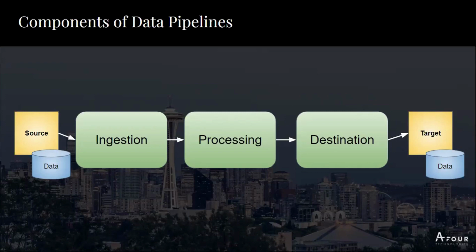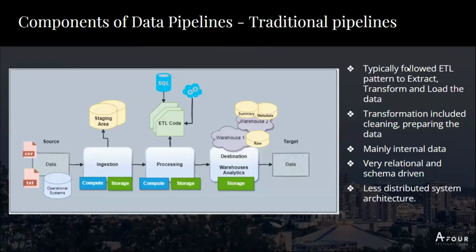So if we go a little into a particular pattern that was very prevalent before big data came in, it is the ETL, right? Which is extract, transform, and load. It's again based on the similar components that we saw earlier. We have a source data, then we have an ingestion, and the source data could be coming in the form of CSV, it could be text files, it could be your operational systems, your transactional or OLTP systems that are feeding the data.